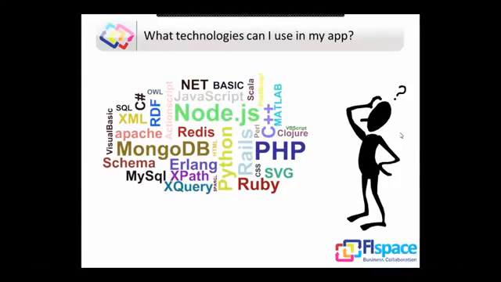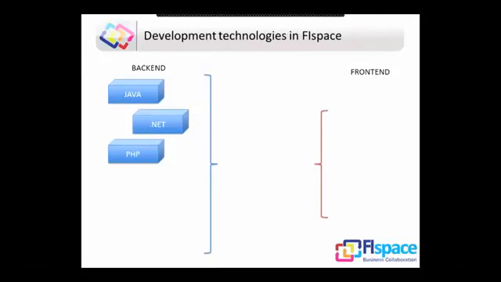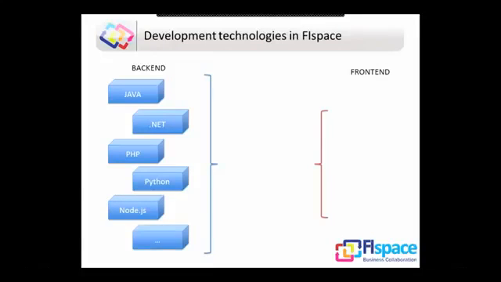The next thing, I wonder, okay, now I know how to connect to FISpace, but what technologies can I use? Is every language that is outside something I can use or not? Okay, let's try to answer this question. Let's assume that your application has a backend and a frontend. On the backend side, you can use Java, .NET, PHP, Python, Node.js.